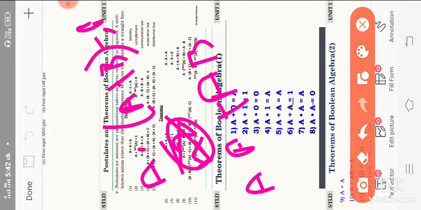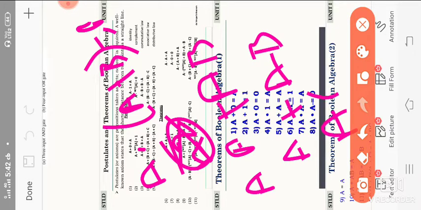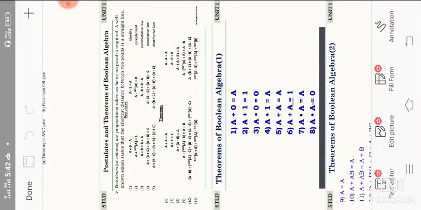We don't write A square, because this is Boolean algebra. So A into A is A, plus AB. Again taking A common, A into 1 plus B, and 1 plus B equal to 1. So A into 1 is A. We are getting A. Those are very, very important formulas.